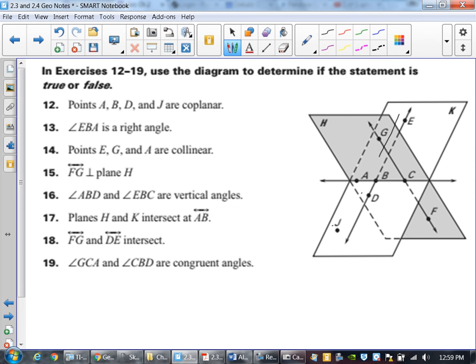Now, what about angles ADD and EBC? Are they vertical to one another when you look at it? Remember, vertical angles, their opposite rays form lines.